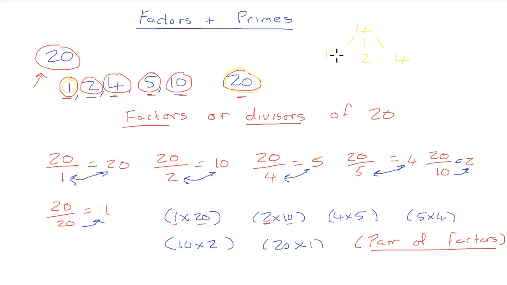So with every number, 1 and the number itself are always going to be factors. It's also a factor pair, because if you multiply 1 by 4, that's equal to 4 as well. So again, these are all factors, but then you also have the factor pair as well. And 1 and the number itself are always going to be factors of every number.